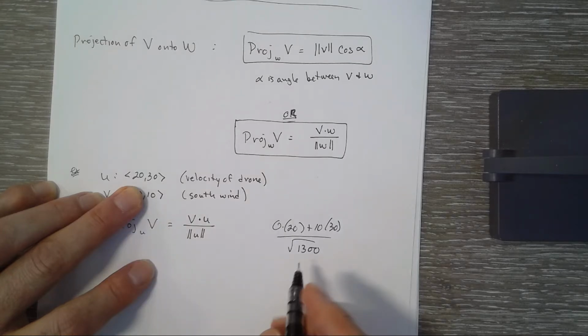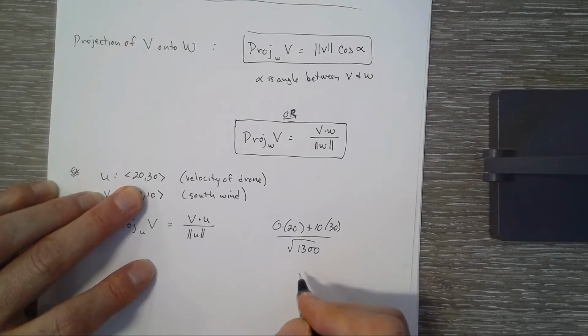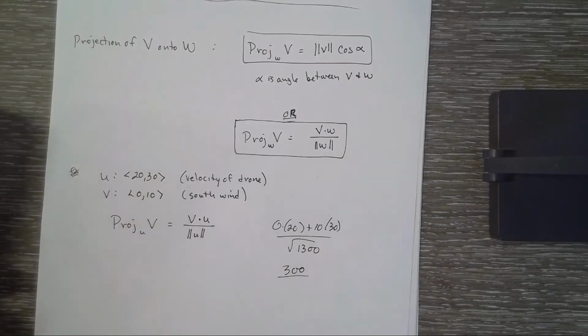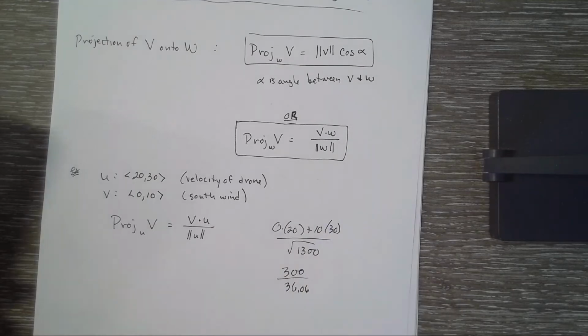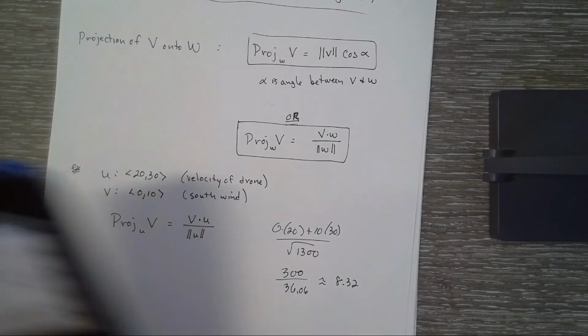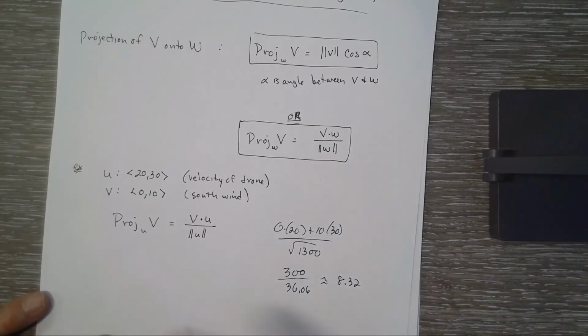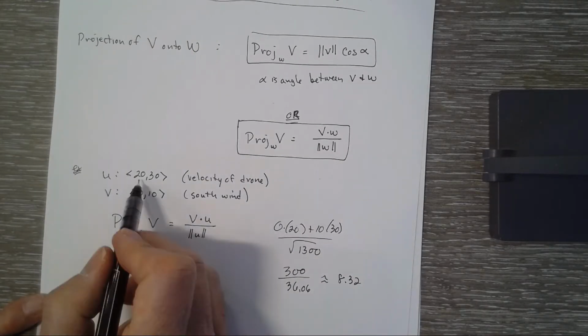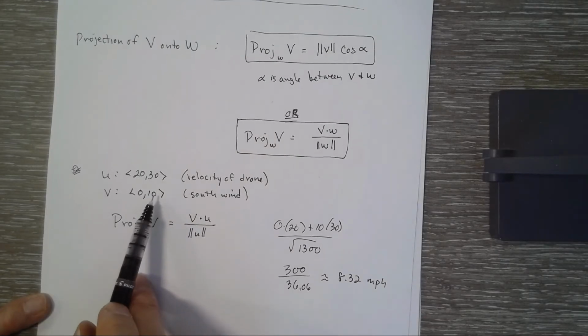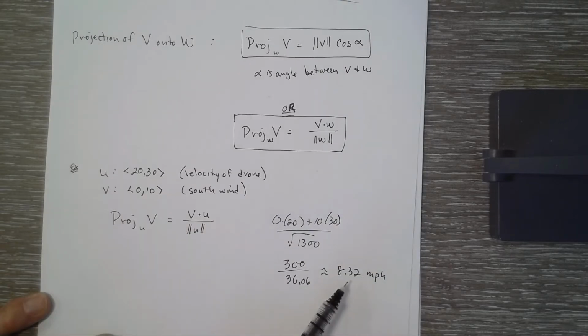All right, so 300 over the square root of 1300, 36.06, and I get 8.32. So if this is in miles per hour, it would be 8.32 miles per hour of wind helping. It would be helping 10 at most, because that's the magnitude of V. So it's helping significantly, 8.32.